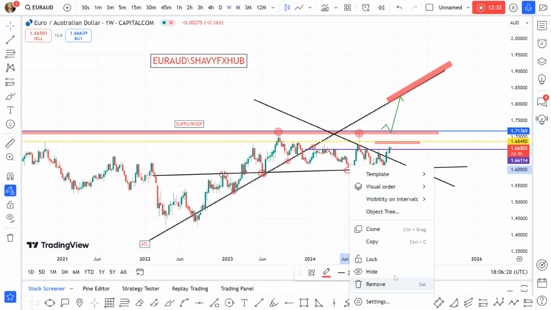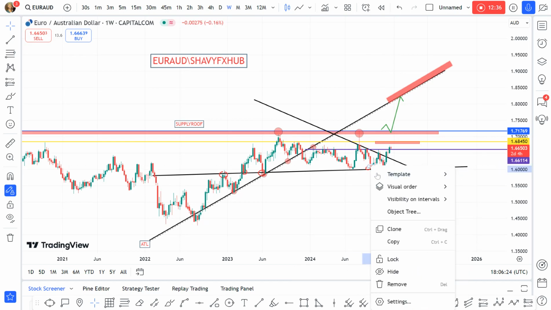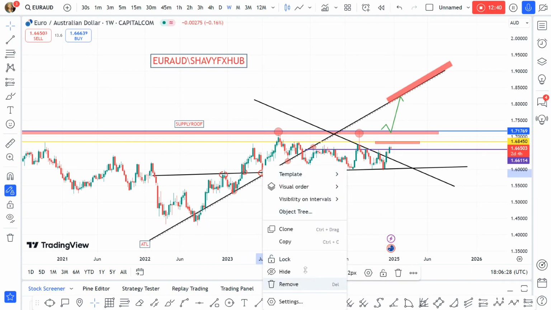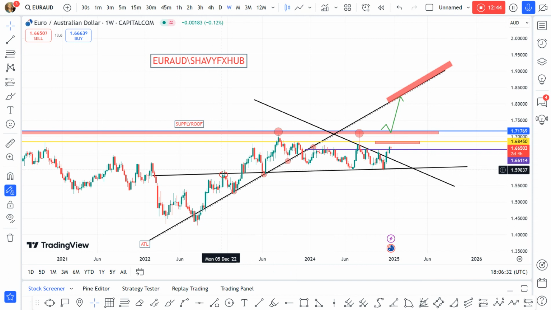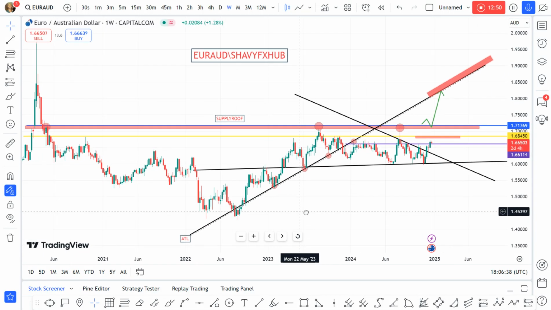So you can see the structure. On weekly, now we have a clear directional bias. On daily, what we look for is a buy opportunity. As we look for a buy opportunity in Euro AUD, we must also consider that if we get a sell opportunity, we will sell, because the market is bullish to neutral.